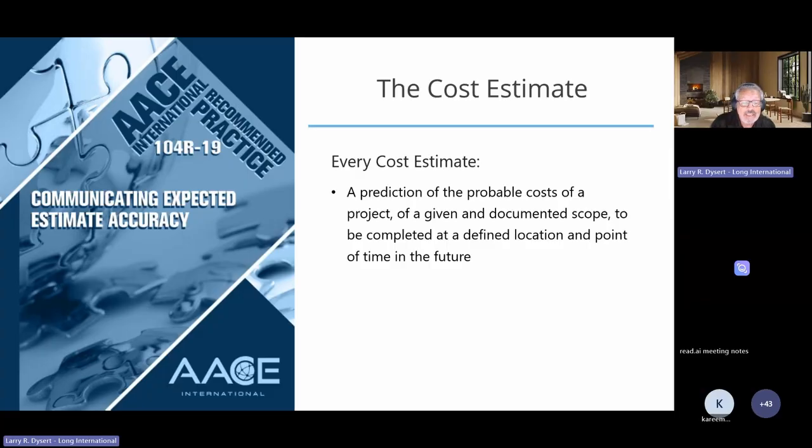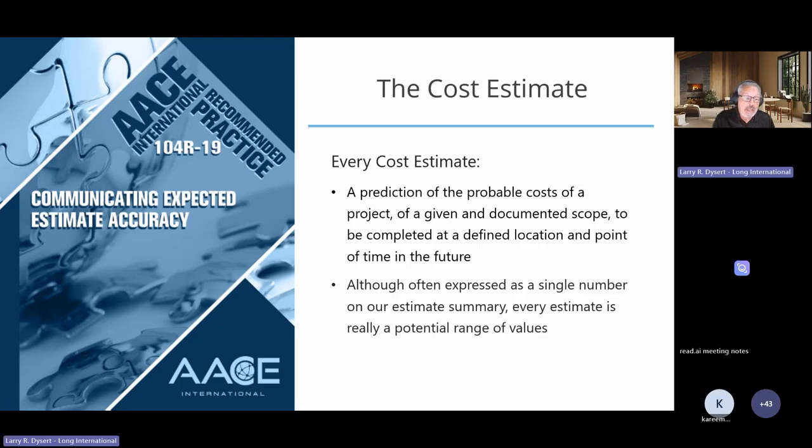The key to this is understanding that every estimate is a prediction. And although when we use our estimating software or Excel or however we're preparing the estimate, we typically get a single number that's provided as the total value for our estimate, being a prediction, a single number doesn't actually convey all the information about the estimate that we need to.